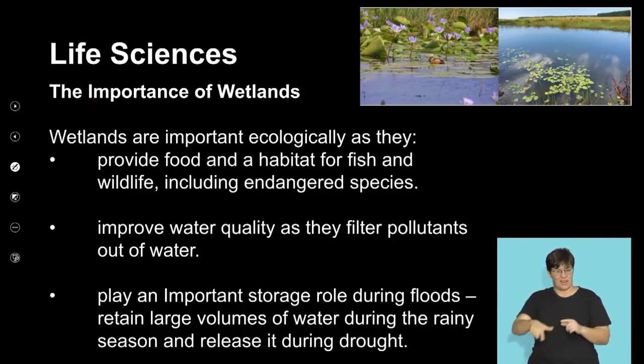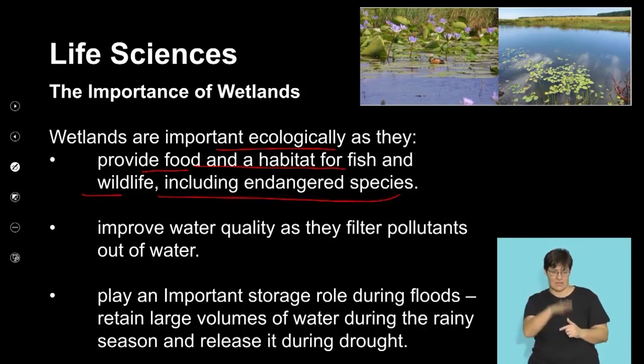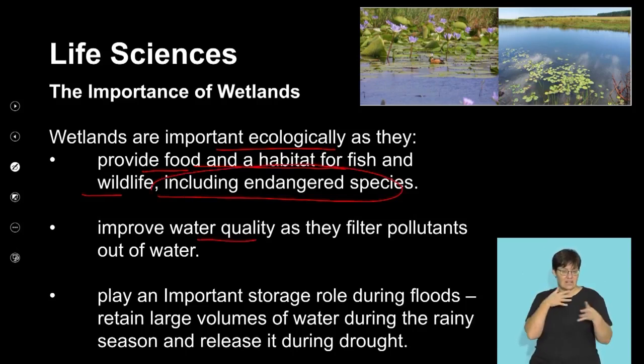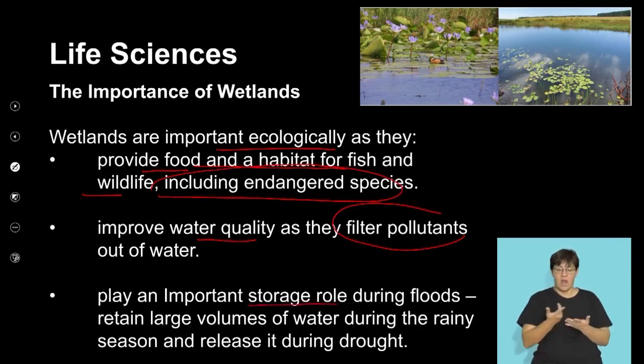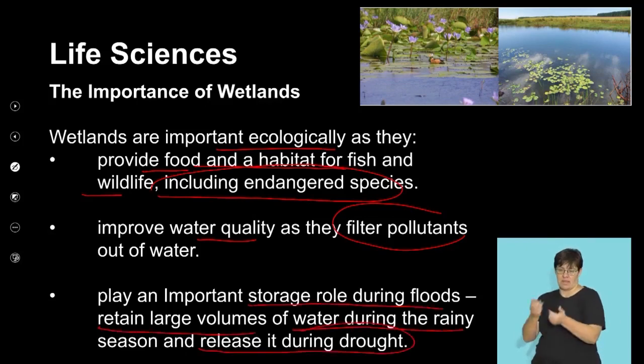We see that wetlands are important as they provide food and habitat to fish and wildlife in a variety of different habitats. They also are important in improving the quality of water by filtering out pollutants. They play an important role during floods, where they retain large volumes of water during rainy seasons and release them during drought.